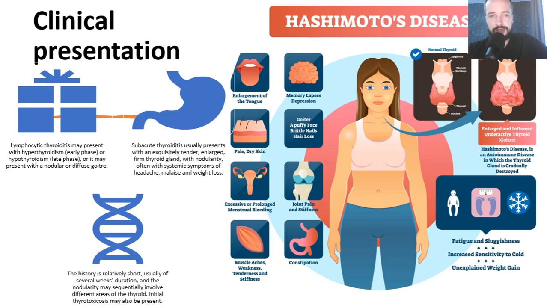Subacute thyroiditis usually presents with an exquisitely tender and large firm thyroid gland with nodularity, often with systemic symptoms of headache, malaise, and weight loss. The history is relatively short, usually of several weeks' duration, and the nodularity may sequentially involve different areas of the thyroid. Initial thyrotoxicosis may also be present.